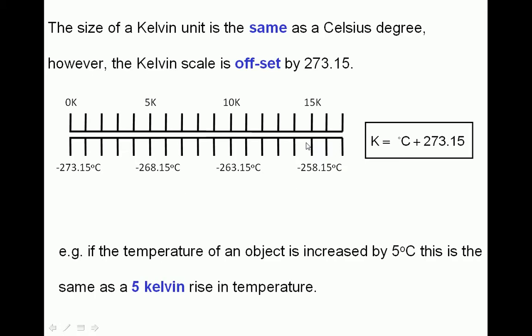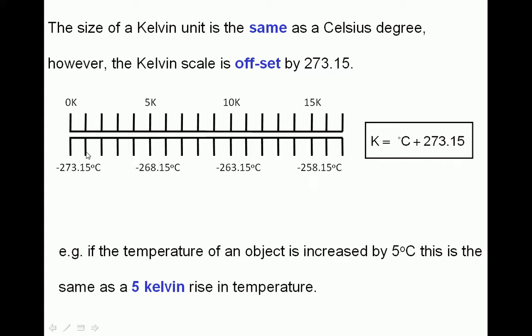Alright, so now we need to think about conversions between Celsius and Kelvin. And these are somewhat easier than the conversion between Fahrenheit and Celsius, because the size of a Kelvin unit is the same size as a Celsius degree. So 1 Kelvin unit, here's 1 Kelvin unit going from here to here.